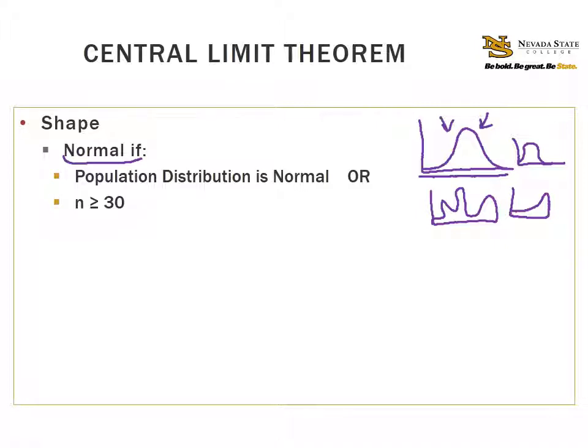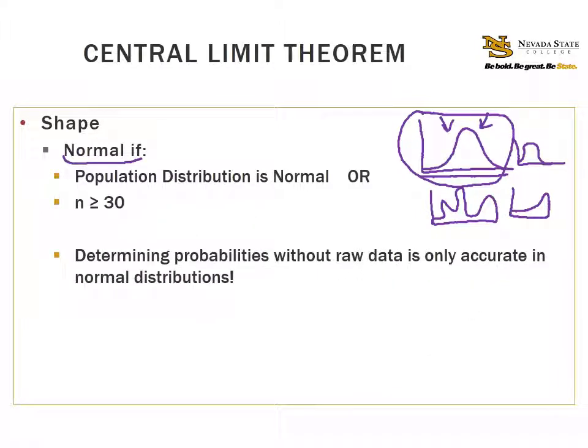So although we're not looking at probabilities just yet, that's going to be down the road, it's important to realize that it's a really good thing that we almost always have a normal distribution, and we'll always have one if our sample size is large enough, so that we can use tools based on statistical values to figure out probabilities and proportions, like how likely it would be to get a mean of this value. All right, next. And there's our thing, right? You can't determine probabilities without raw data unless you have a normal distribution.